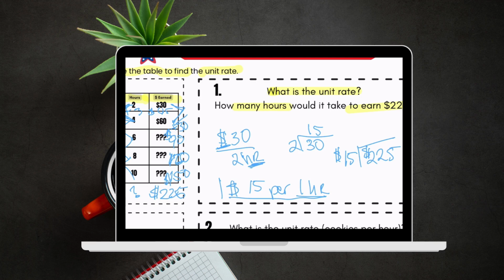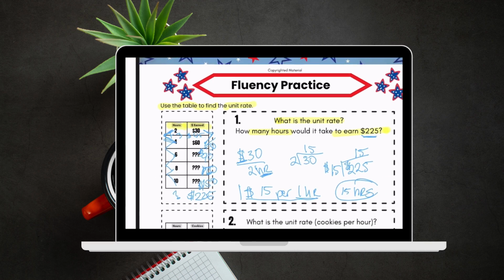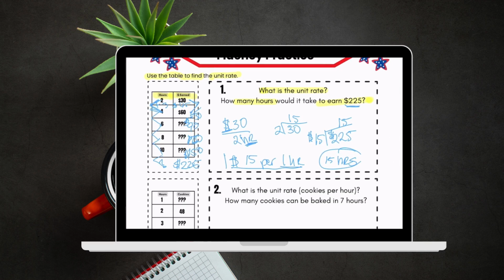And so 225 divided by 15 equals 15. So it would equal 15 hours. It would take me 15 hours to earn $225. Another way is you could have just kept your table going until you got to 15, and we'd get the same answer, 15 hours to earn $225.